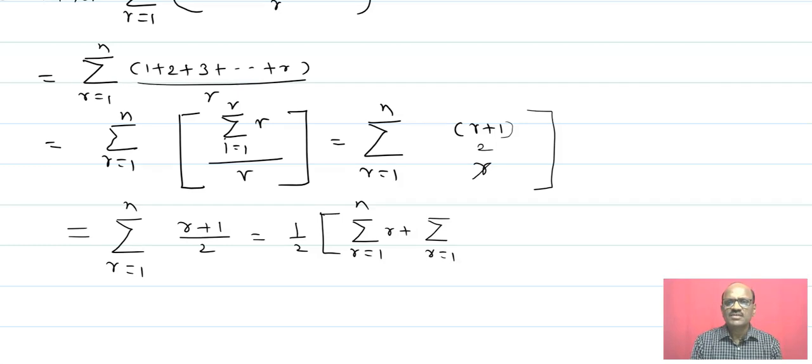Summation r is equals to 1 to n of the constant.